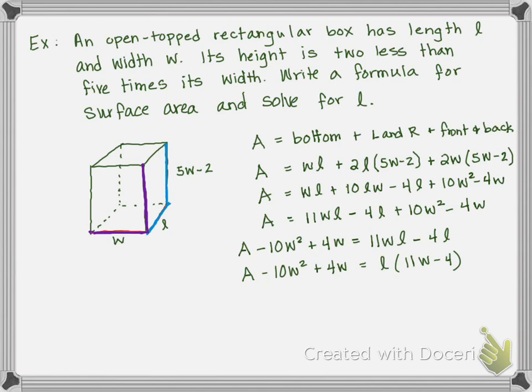And only one more step, which is to divide both sides by 11W minus 4. So L is equal to (A minus 10W squared plus 4W) over (11W minus 4). There's subtraction down here, there's addition and subtraction up there, so that's all grouped. I can't cancel anything.